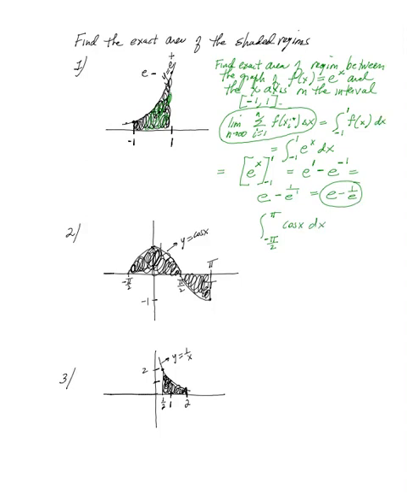Look at my region. Part of the graph's above the x-axis, but part of the graph's below. Remember, if the graph drops below the x-axis, the definite integral will give us the net area, the area above the axis minus the area below the x-axis. Remember f of x sub i star for this region right here.